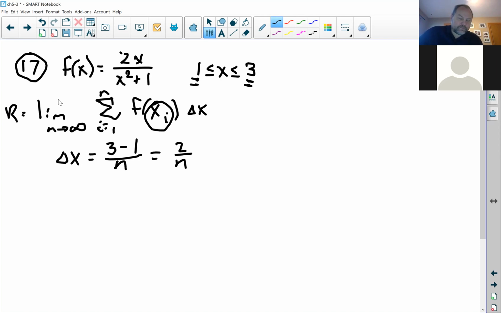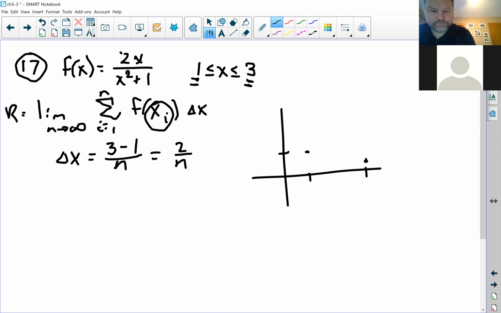So if we think about this graph, and I'm just going to draw a graph in general, it's not the actual graph, although I suppose I could. 2 over 2, 6 over 10, that's going to be down here somewhere.